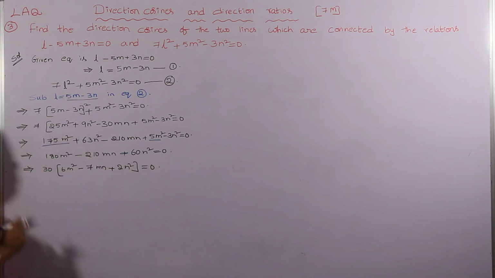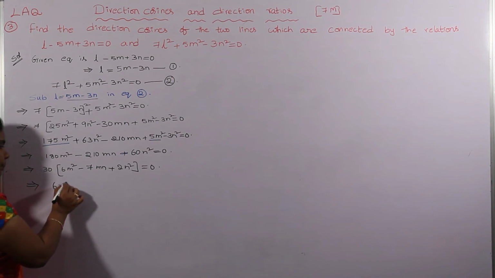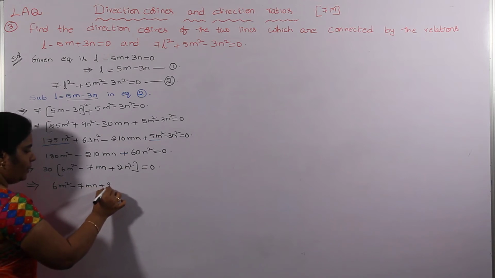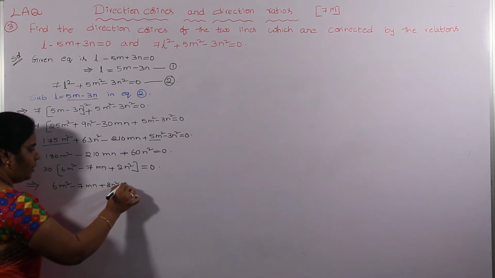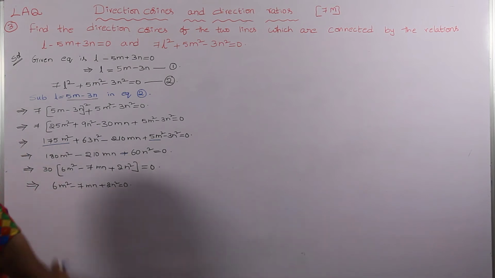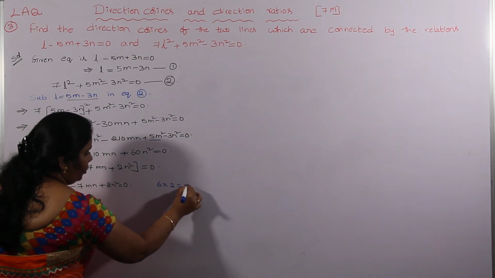This 30 is transferred to that side, 0 by 30, 0 by something is 0. Remaining is 6m square minus 7mn plus 2n square is equal to 0. Now take the factorization. Here 6 into 2 is equal to 12.